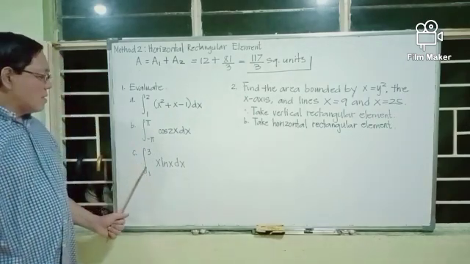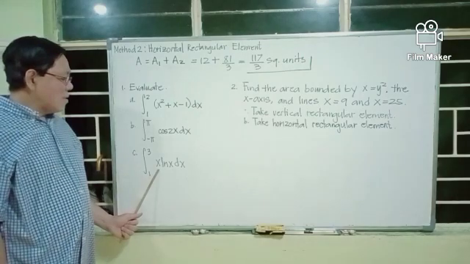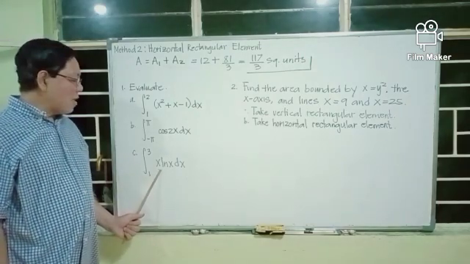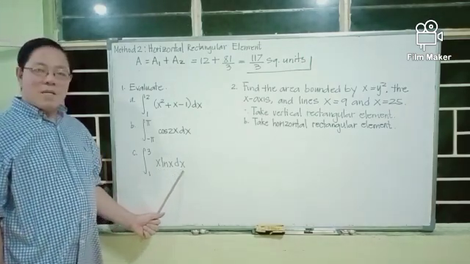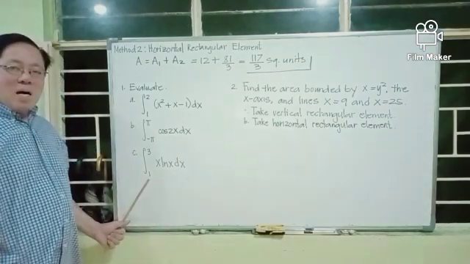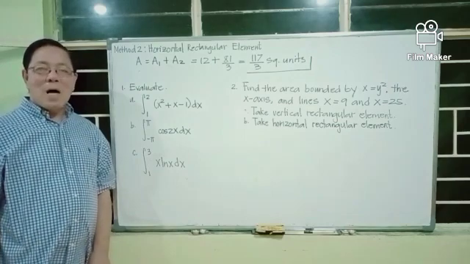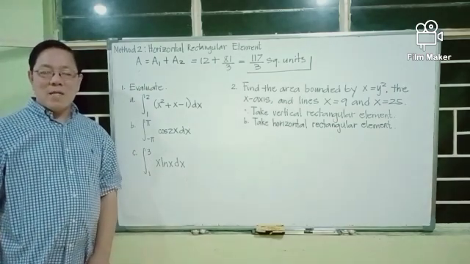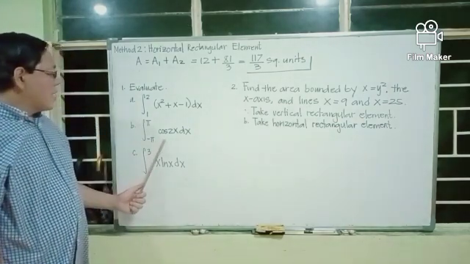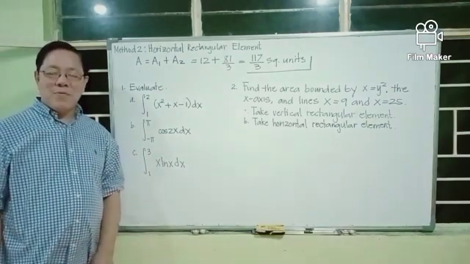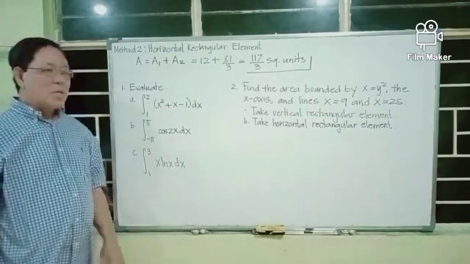And C, evaluate the integral of x ln x dx from x is 1 to x is 3. For letter C, you have to make use of an integration technique. For letter B, you have to make use of substitution.